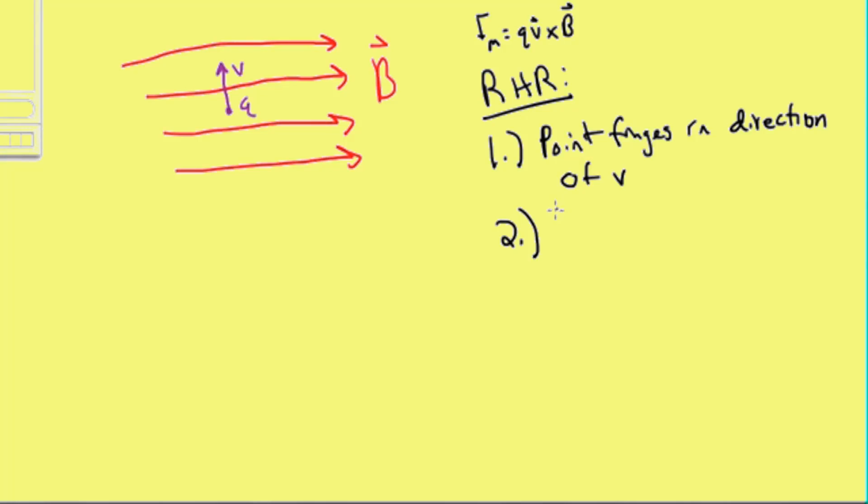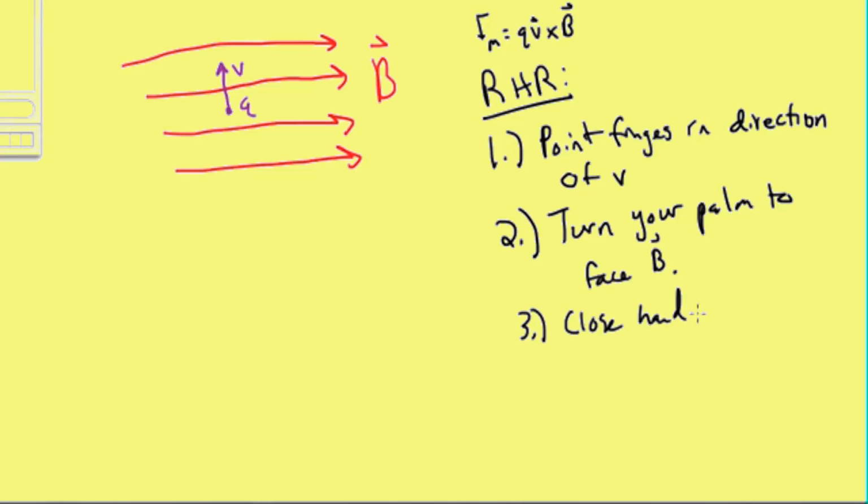The second is turn your palm to face B. So what you're going to do is you're going to take your right hand, still pointing the direction of v, but you're going to turn your wrist so that your palm will face towards B. And the third thing is close hand to point fingers in B field direction.